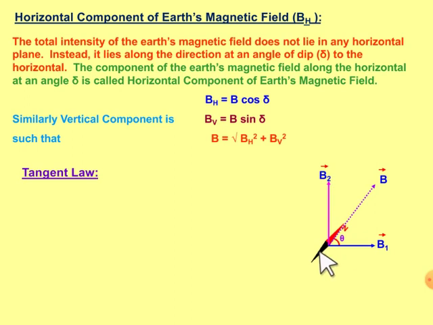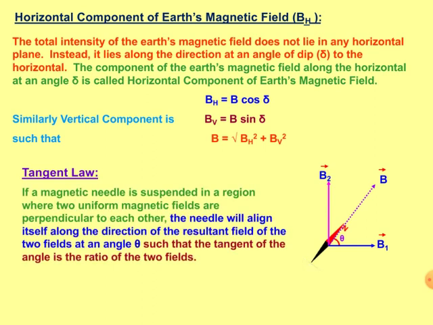This B is the resultant, making an angle theta here. So B1 will be B cosine theta, B2 will be B sine theta, and if you divide the two, B2 by B1 will be tangent of theta, right?